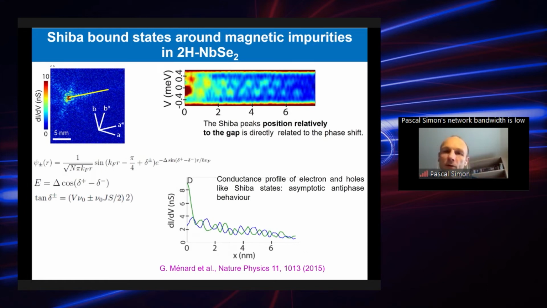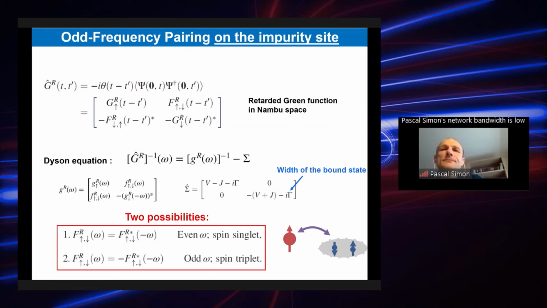So going back to my initial question, I need to model this Shiba physics a little bit. I will work in the Nambu space. For the Shiba bound states, I have 2x2 matrices, which I can parameterize that way.